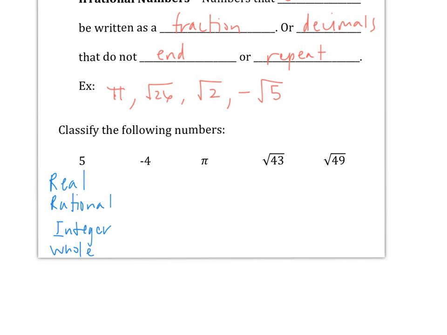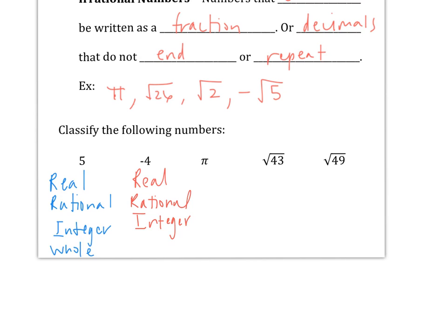And now let's look at -4. So -4 is a real number. It is also rational. Again, it's that clean number. And it is an integer, but it is not a whole number because it has a negative. So it's not a whole number. All right, let's look at pi.